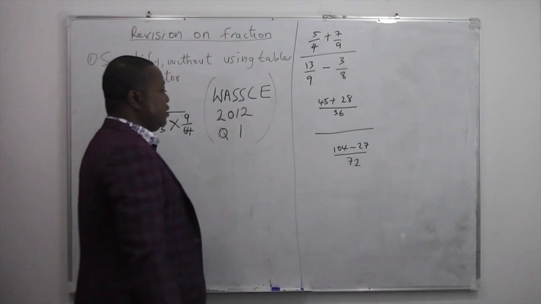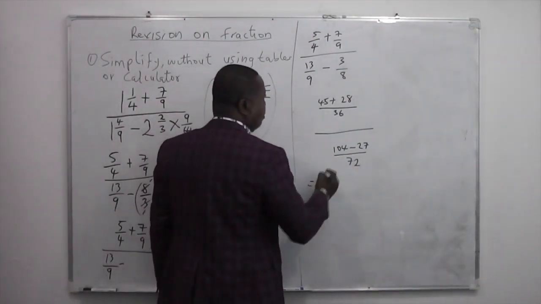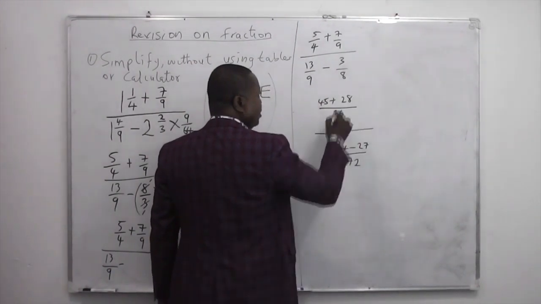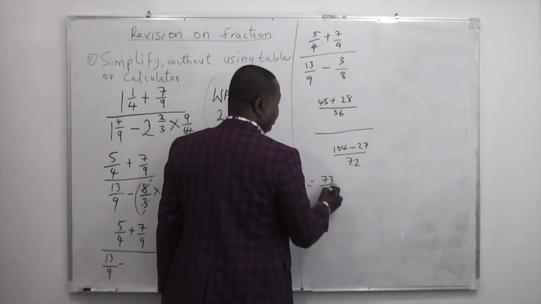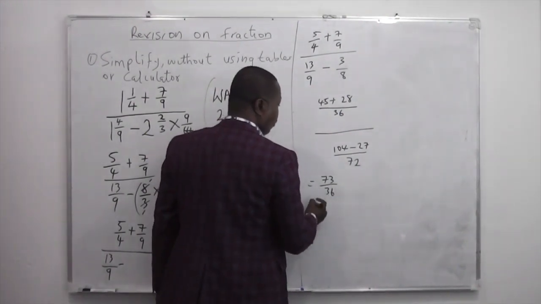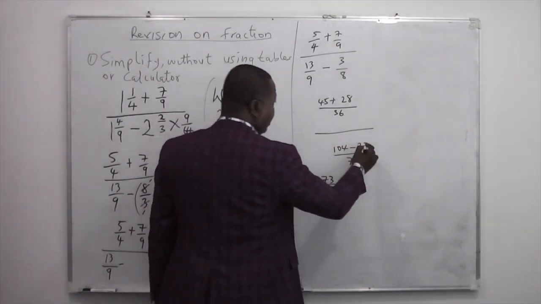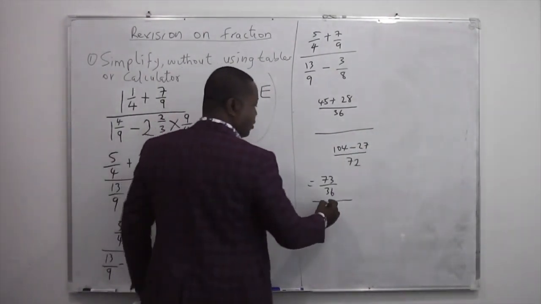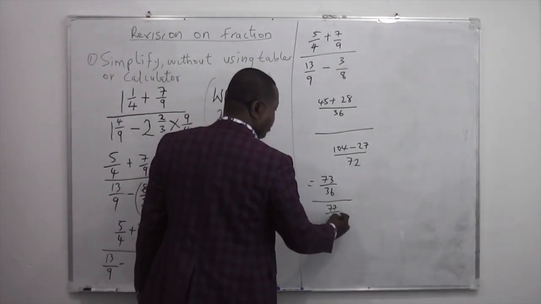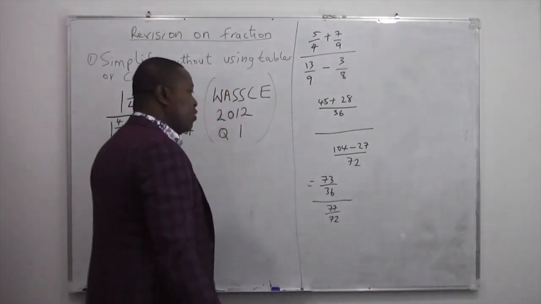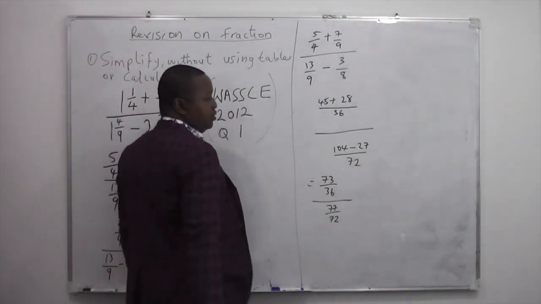Is it clear? Yes, I know you are getting this very well. Now the next line becomes add this to this. That will give me 73 all over 36, then over, now if you remove 27 from 104, we have 77. So I have 77 here all over 72. At this point, you're having a fraction dividing another fraction.